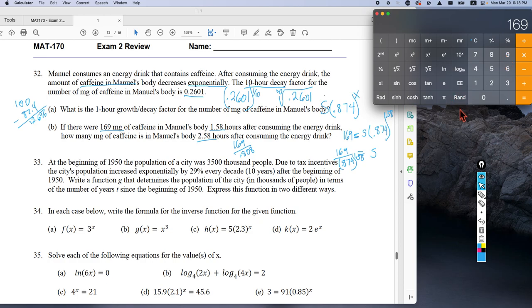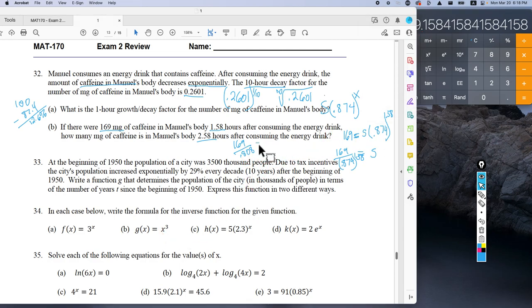Sometimes I think I maybe just don't clear it out enough. Maybe I'm hitting the wrong button, but I know it's got to be more than 169. Yeah, 209.16.